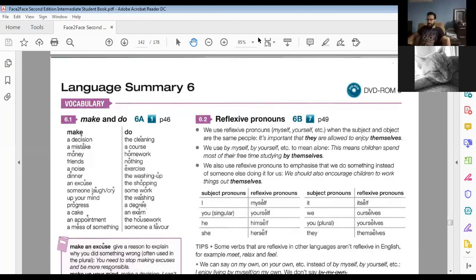We also use... Can you check the second tip? And then. Okay, we use by myself and by yourself to mean alone. Exactly.